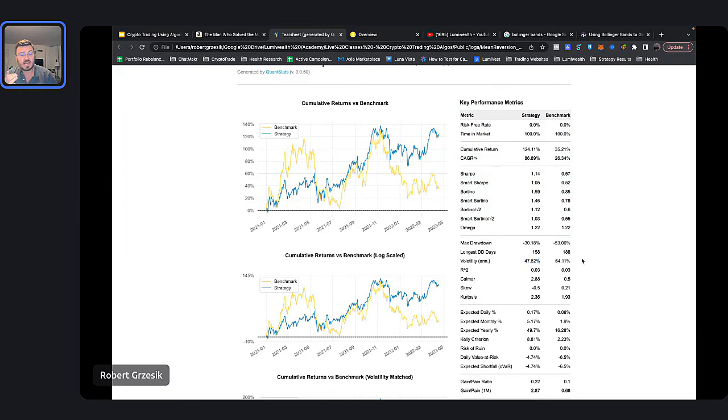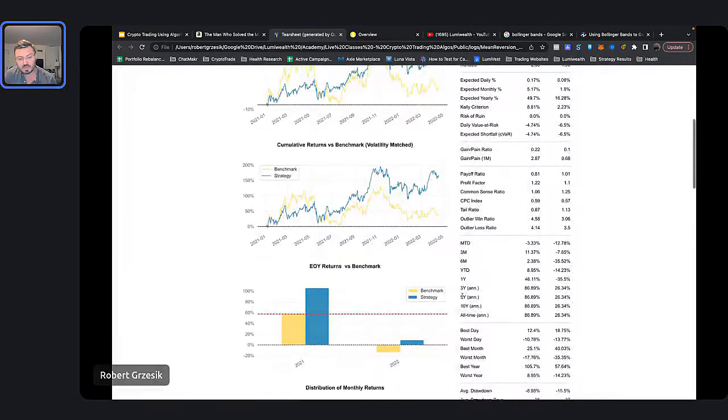So all this is to say we're making a lot better returns, and we are taking on much less risk investing in this strategy. You can even just eyeball it. I mean, look, the blue line basically is just going straight up, right? It's not really deviating from that. It's just a straight line up pretty much, right? Whereas yellow is doing these crazy up and down movements, right? Okay, so definitely quite a bit better.